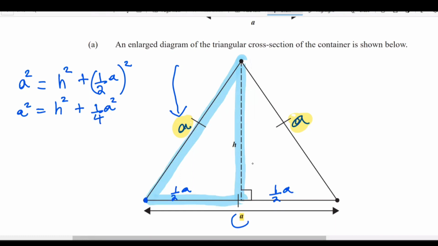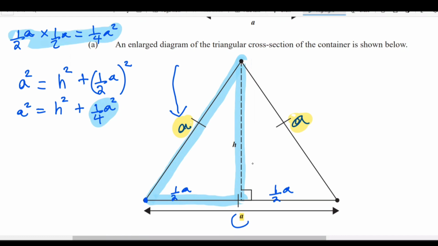Remember, I'm squaring the half A, which means half A times half A will give us 1/4 and then A square. That's how we got that part. When you square half A, you end up with 1/4 A square.